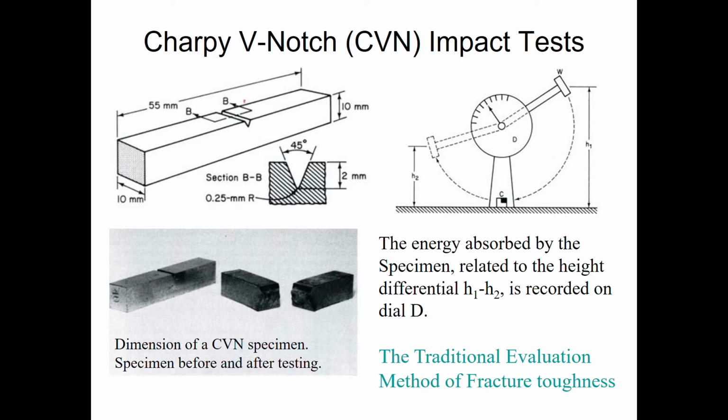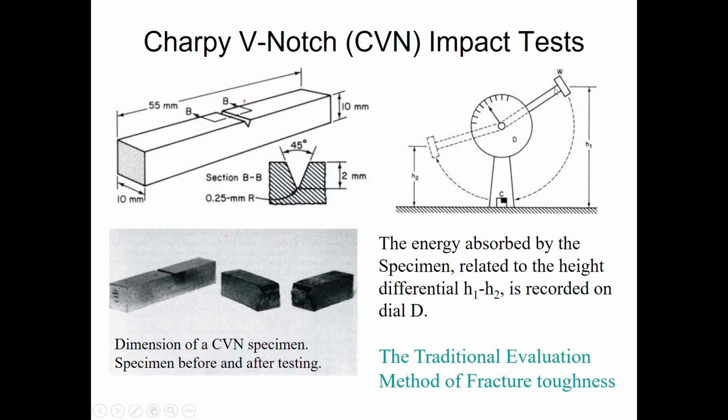Okay. This is, like we have discussed last time, the Charpy V-notch impact test, where I have this ready specimen as in here, 55 millimeter, and then the thickness as 10 millimeter, and then I have this length as 10, this width as 10 millimeter as well. Right, the dimension of the CVN test specimen before and after testing, because once you put the load, it will break.